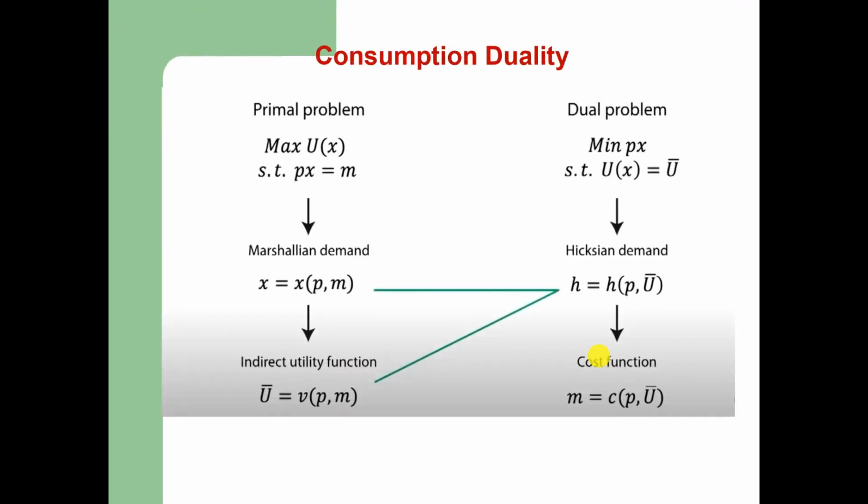Now, in order to proceed further, if we substitute the indirect utility function into the Hicksian demand function, then we get the Marshallian demand function. Can we also get the Hicksian demand function by substituting the expenditure function into the Marshallian function?